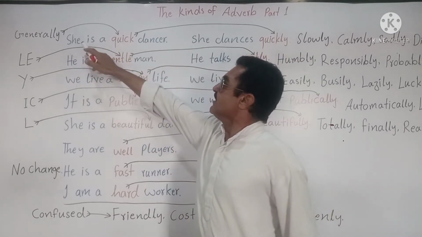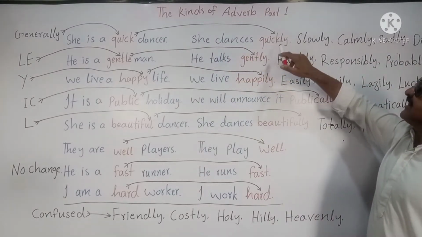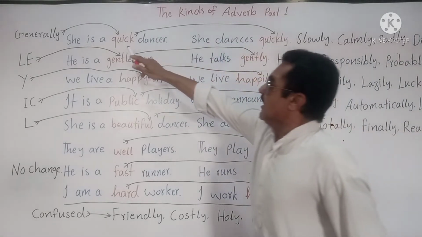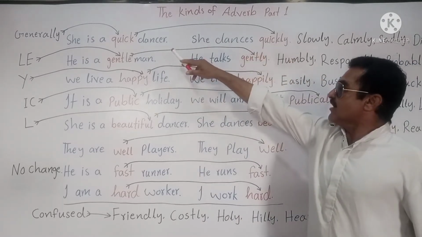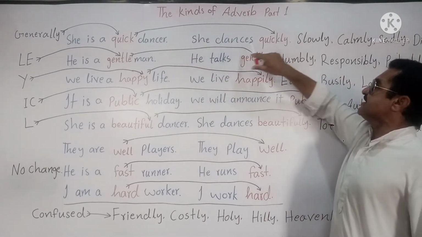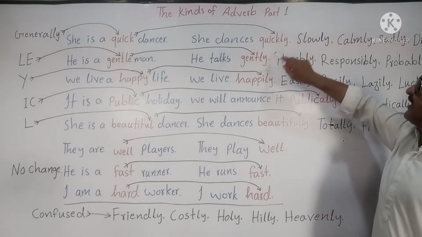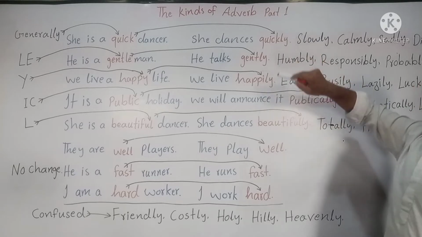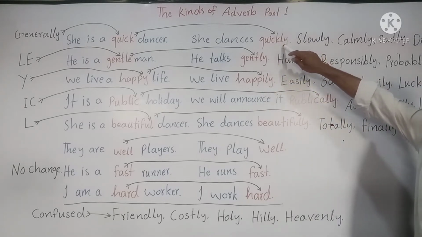You can see generally, she is a quick dancer. She dances quickly. Quick is an adjective. Quickly is an adverb. You can see there ly is not available in the first sentence. Here it is ly. Why? Because it is an adverb. Now it has been converted into an adverb.